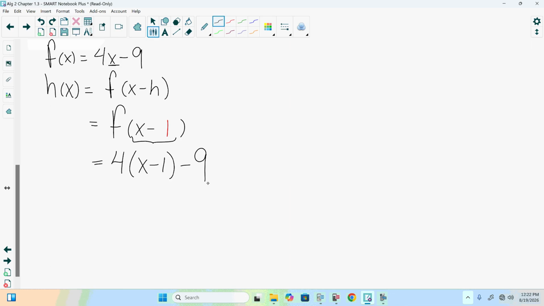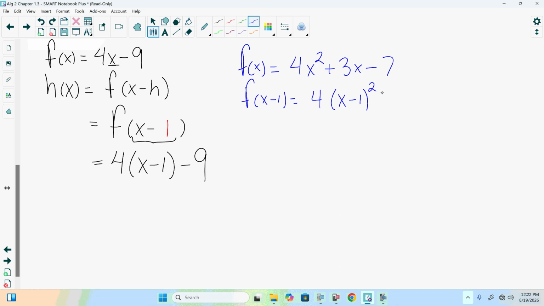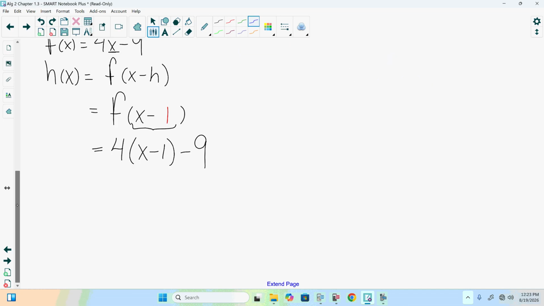I would not write this down, because we could have something like, and if we did the same thing with x minus 1, it would just be 4 times x minus 1 squared. We just replace the x with that value. The other pieces connected to it, the squares, absolute values, other stuff around it, are not going to change. It's just going to be that value. Questions on how we got to 4 times x minus 1 minus 9?